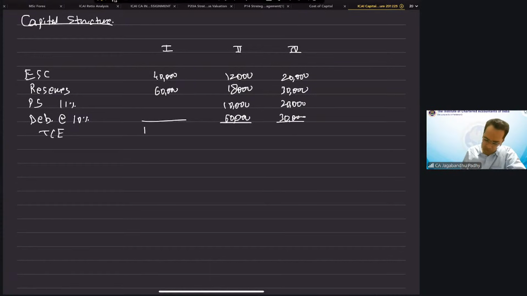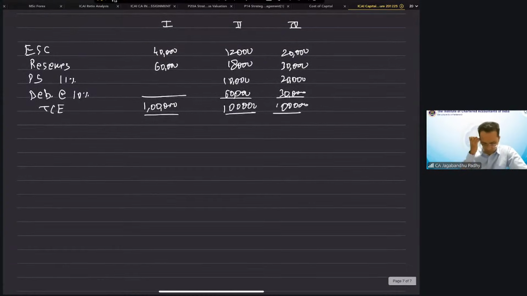So total capital employed is obviously 1 lakh.